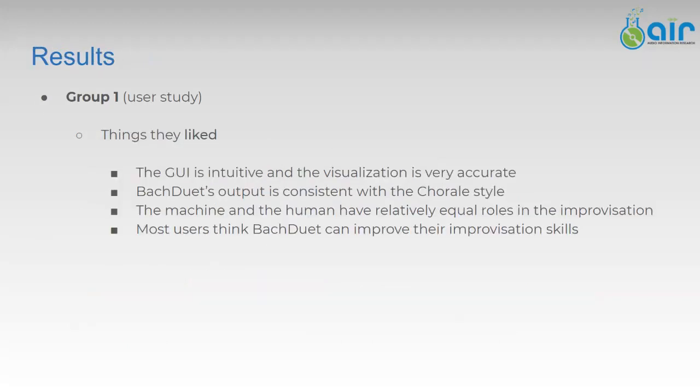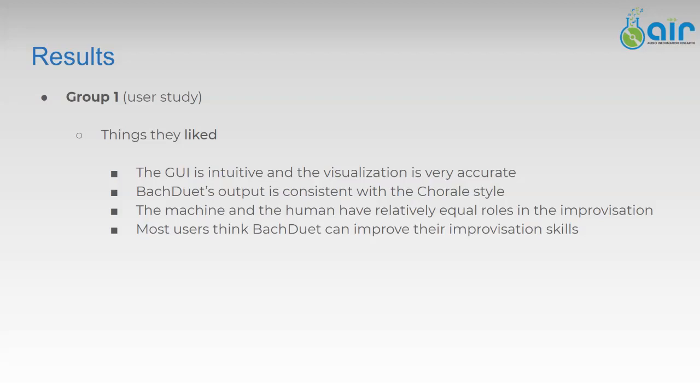Out of the 15 questions that participants of Group 1 had to answer, the most important conclusions were that most of them thought that the GUI is easy and intuitive to use, also that the BachDuet's output is consistent with the chorale style. Additionally, a very important conclusion is that they thought the machine and the human had relatively equal roles in the improvisation.